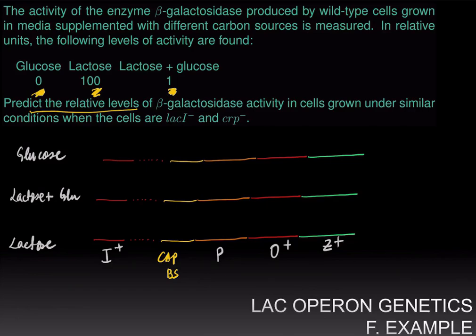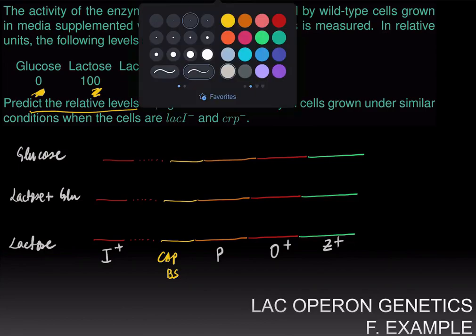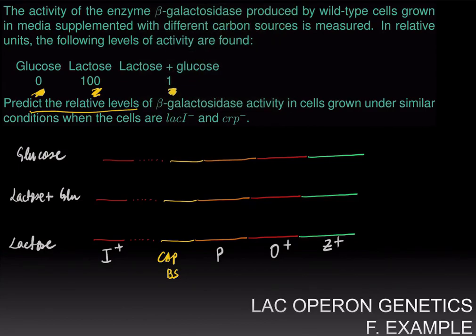Now, when we have only glucose available to the cell, what that means is that there is no cyclic AMP, and therefore CAP does not bind to the CAP binding site.